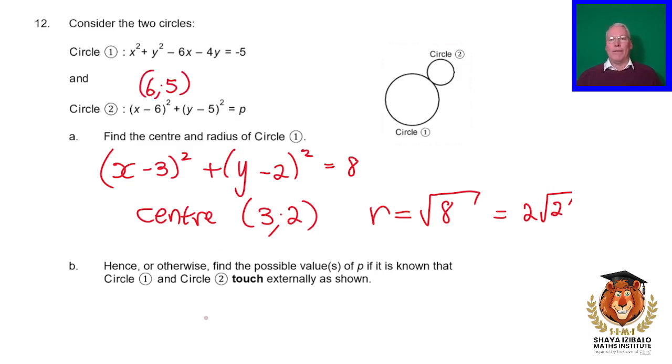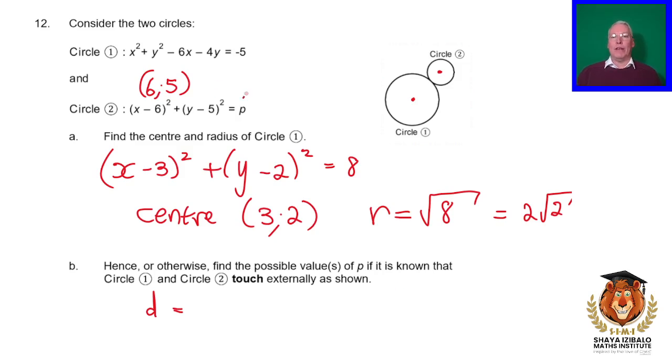All right, now for the two circles to touch, we need the distance between the centers, and that we can work out exactly. I'm going to call that D. The distance between the centers, we need that to equal the sum of the radii.